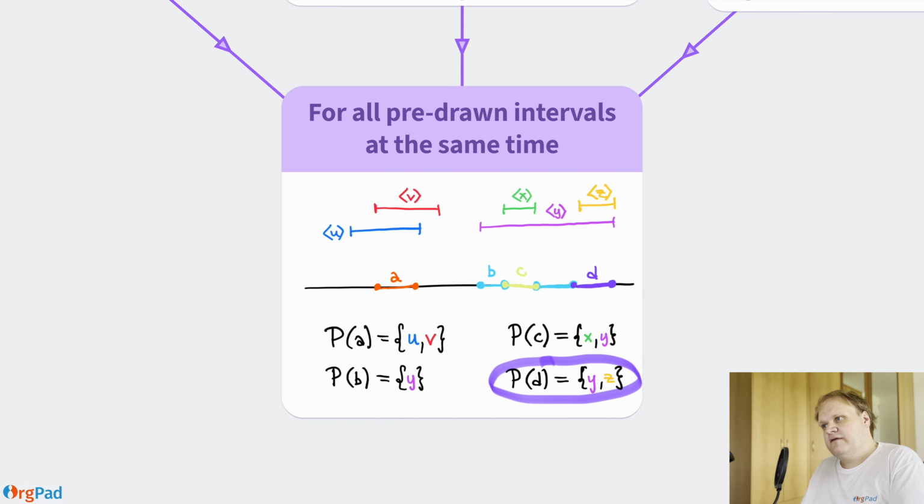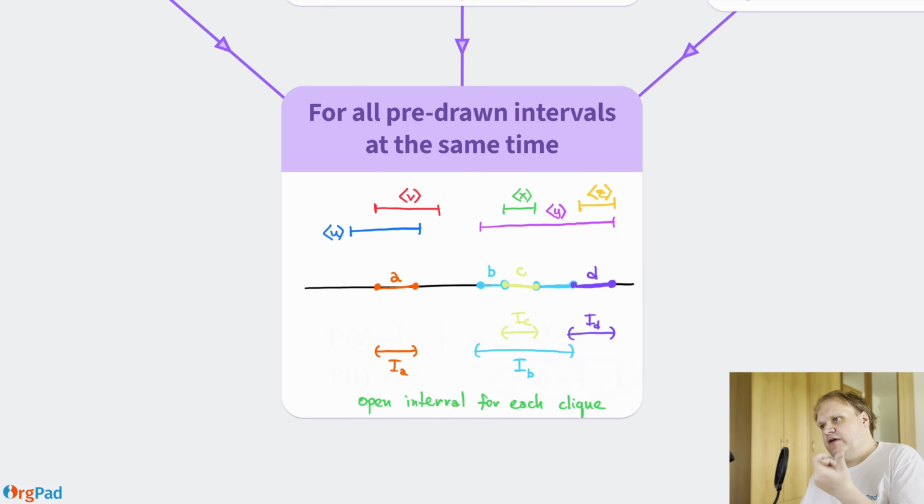And now what we actually do is that we will just take the extreme points and we will create open intervals around them. So each clique is represented by some open interval.